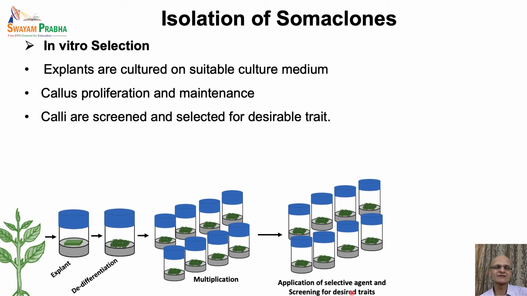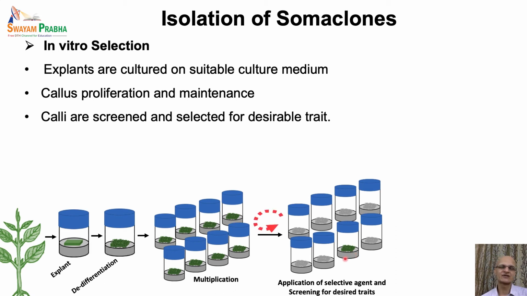Now in this media, only those calli or those cells will survive that have accumulated specific variations or mutations that provide protection against the effect of the selective agent. Like here, one of the calli survives the selection of the selective agent.